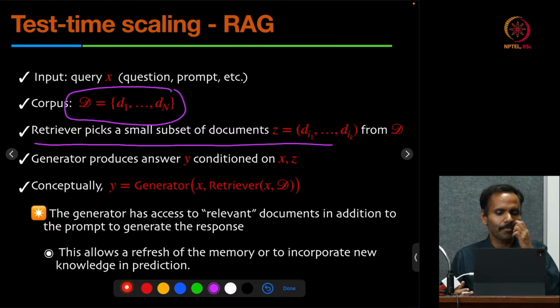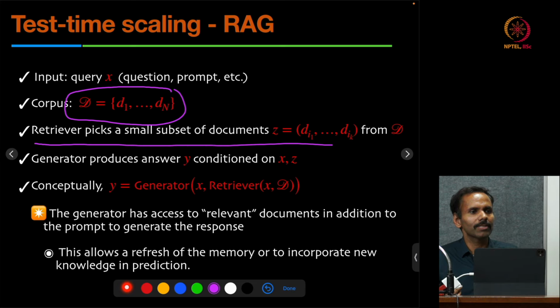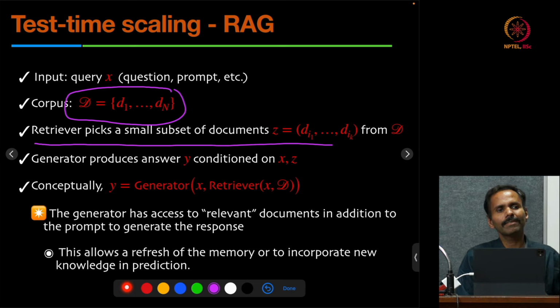So you have to pick a very small subset, because obviously you can't put all of them into the context to generate the output. So some sort of selection is done. We'll talk a little bit about a very simple way to think about this, and then using this you append them to the original generator framework, and then generate the output response.